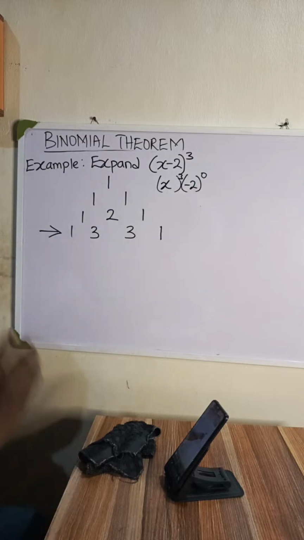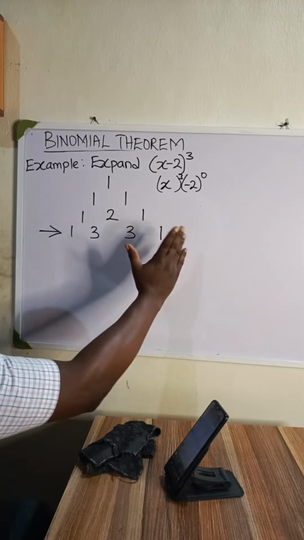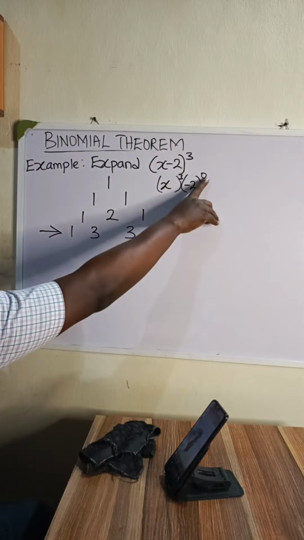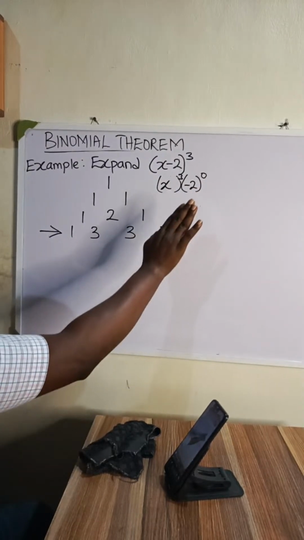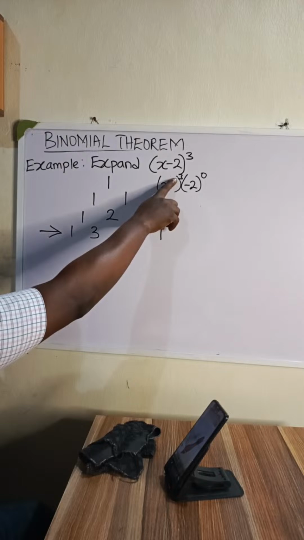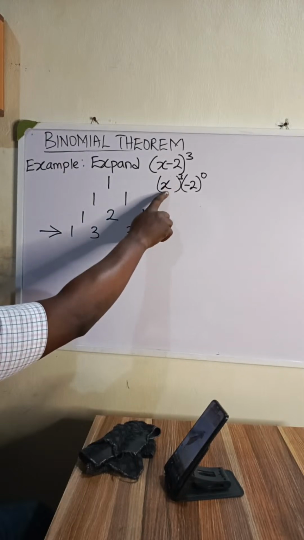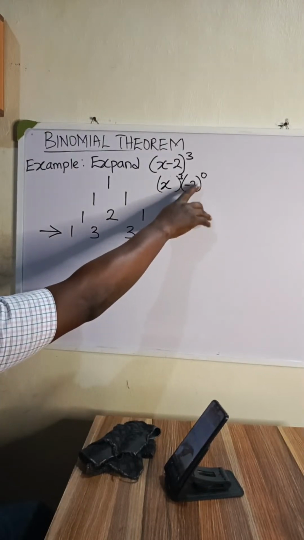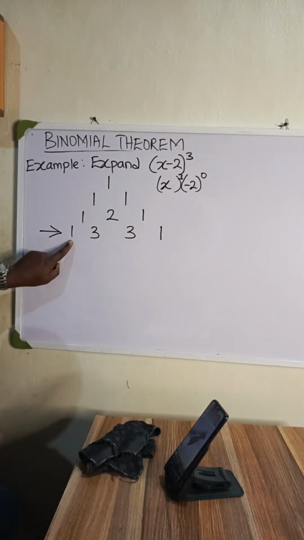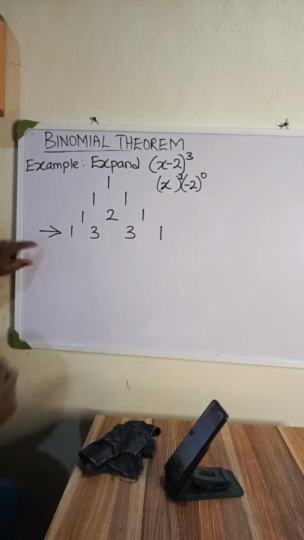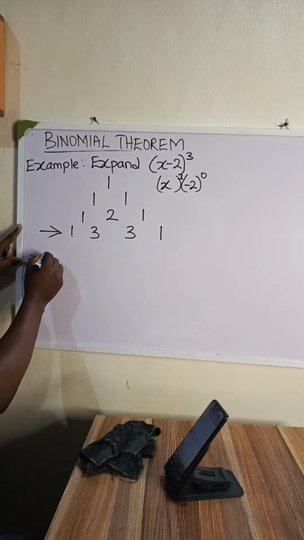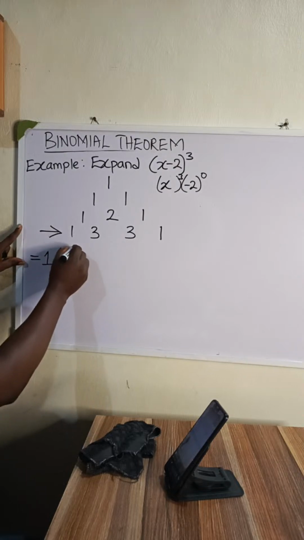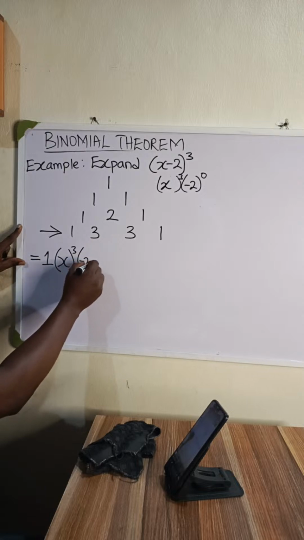As we move from left to right, the exponent of x is going to be decreasing, while the exponent of minus 2 is going to be increasing. So we pick the first coefficient, which is 1. So this is going to be 1 times x to the power of 3 times minus 2 to the power of 0.